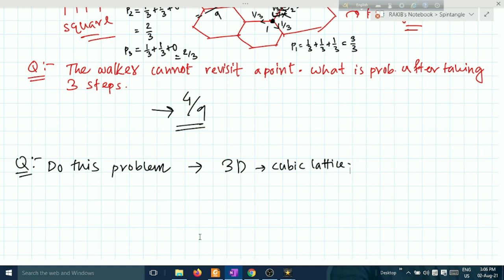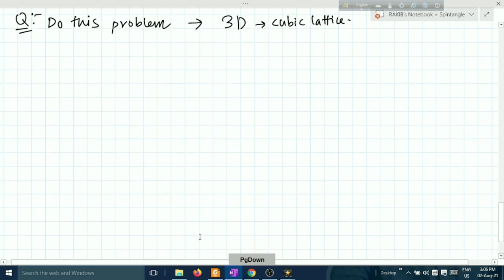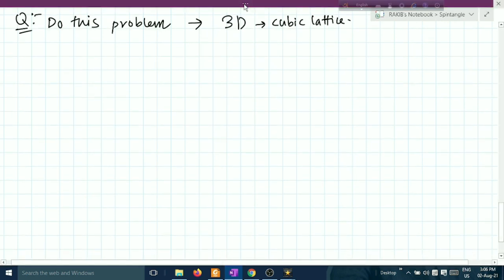Now let us talk about a new topic. The topic is called mean. General discussion on mean values.